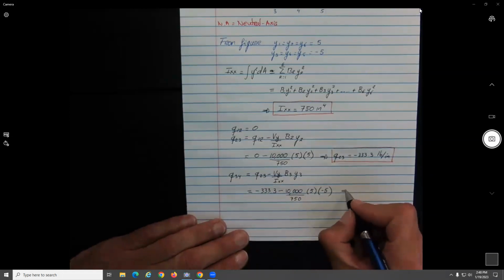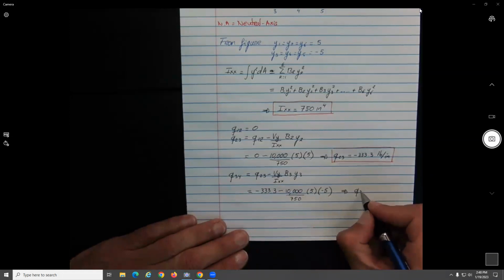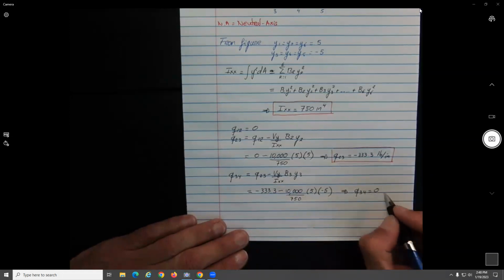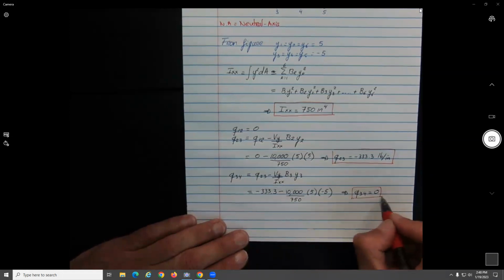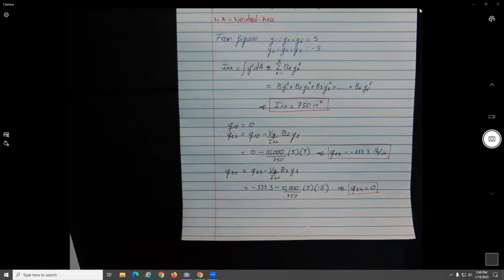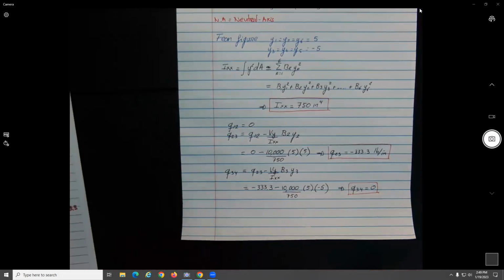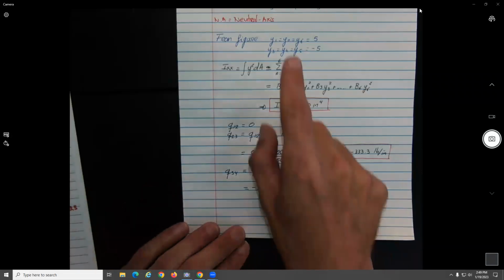So here we're going to get Q34 equal to 0. Surprise, because that makes sense with the assumption that only the members which are in the direction of the loads will be carrying the load, no? Okay? All right, so we have 3, 4.